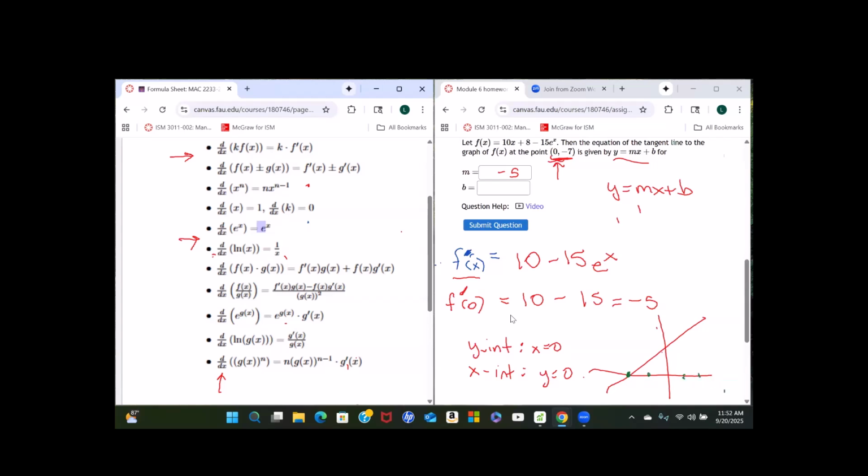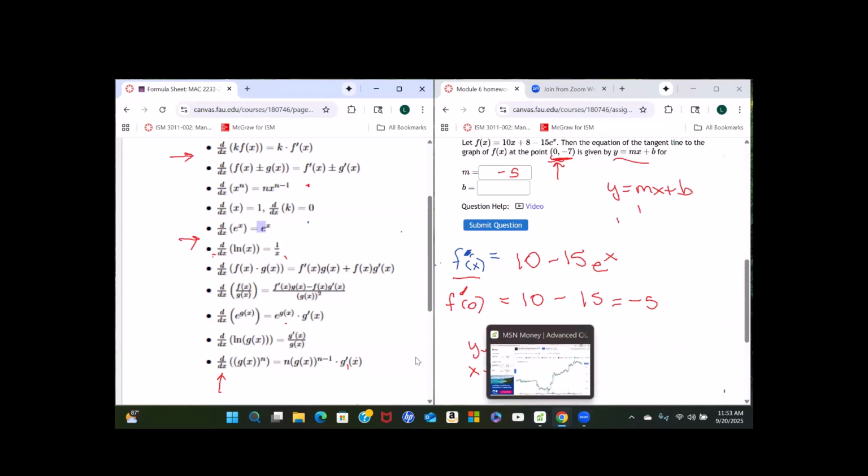And no matter where the line hits the y-axis, x has to be 0, doesn't it? That's why you don't have to memorize it. If I want to find the y-intercept, x equals 0, always. And for the x-intercept, y has to equal 0, always.